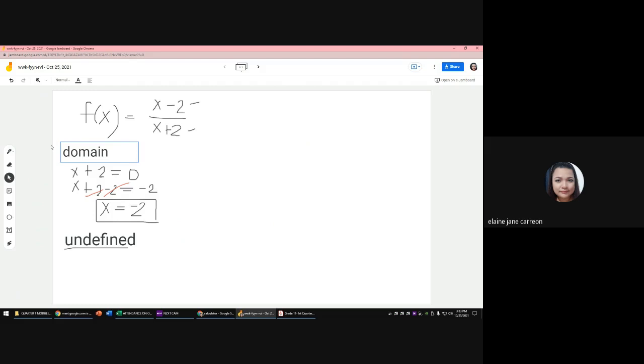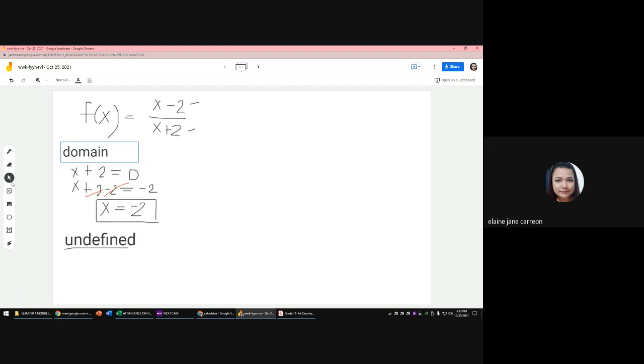Ngayon, instead of listing all of the possible values na maging domain, pwede nating gawin, alamin na lang natin yung value na hindi pwedeng ilagay sa mismong function natin. Okay? And that is -2.